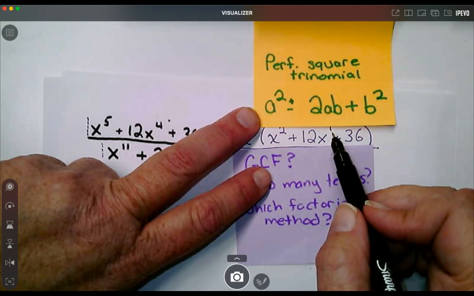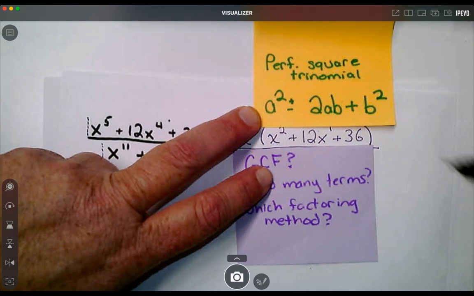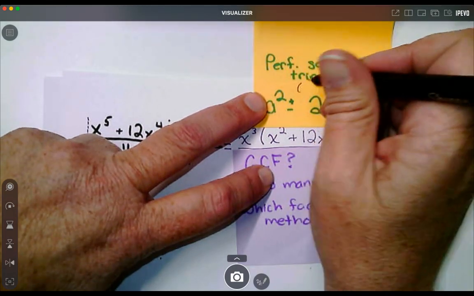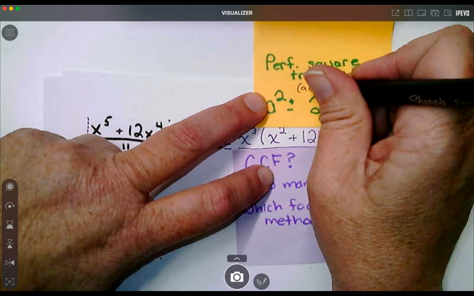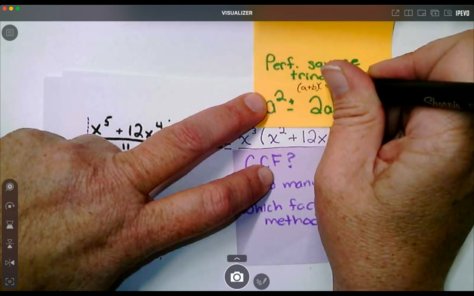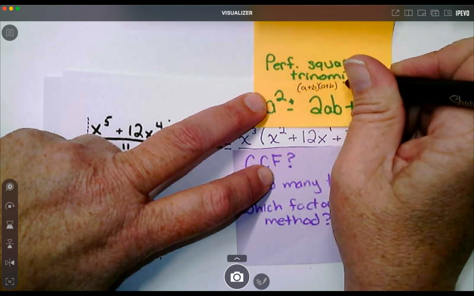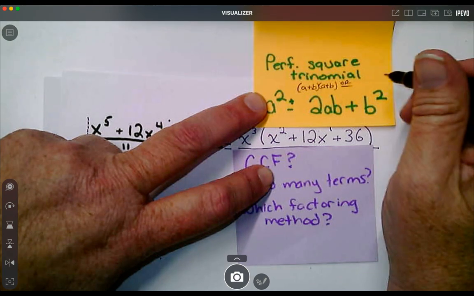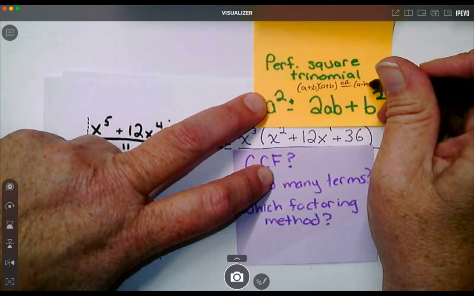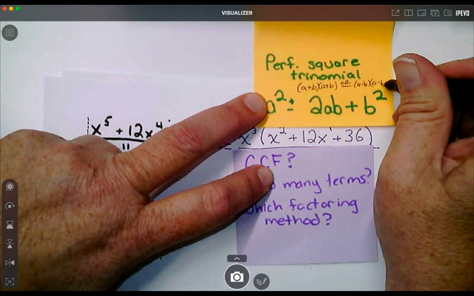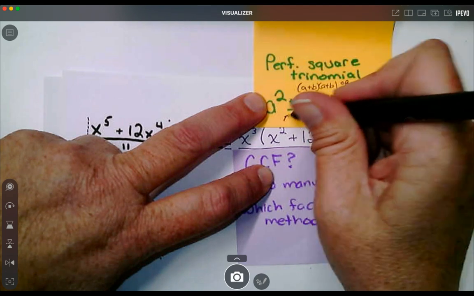And so when you factor a perfect square trinomial, you get either a plus b times a plus b, or you get a minus b times a minus b, depending on which sign you have here.